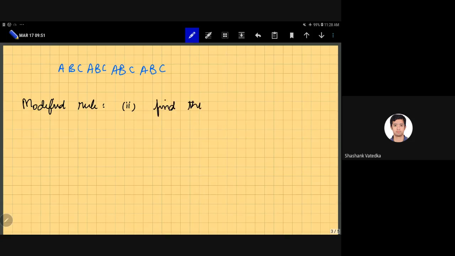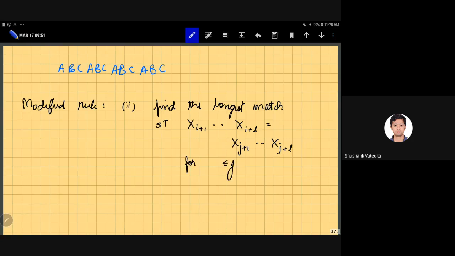Find the longest match such that x_{i+1} up to x_{i+L} is equal to x_{j+1} up to x_{j+L}, for any j between 1 and i.